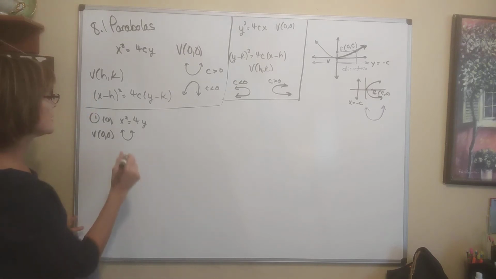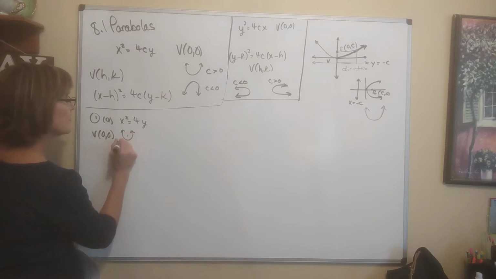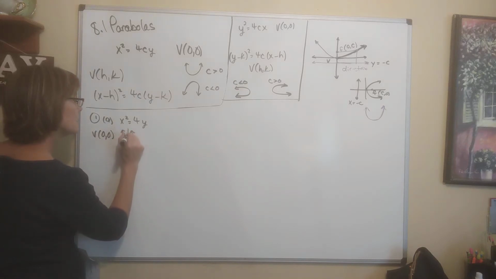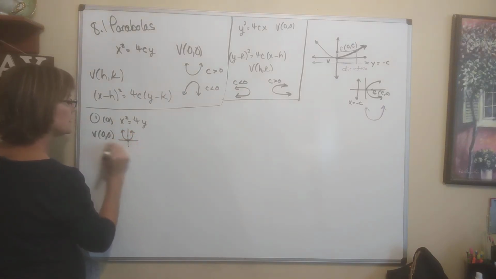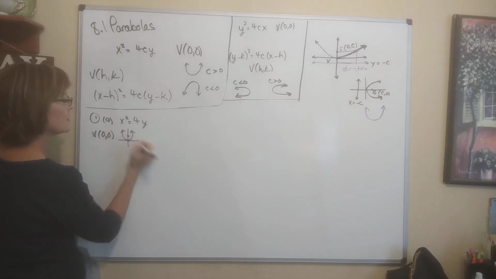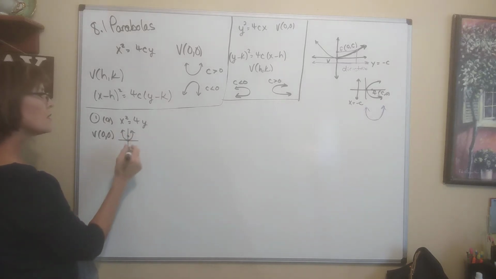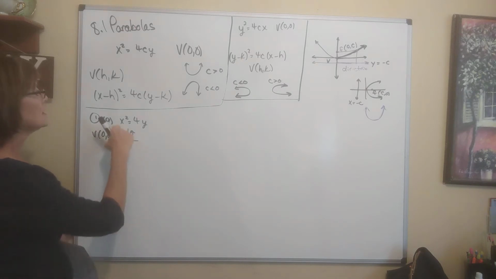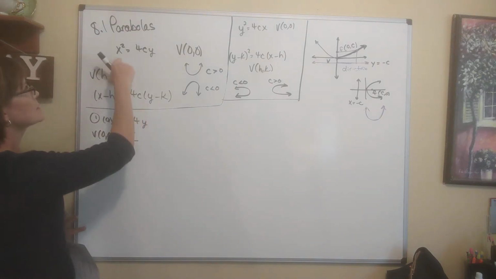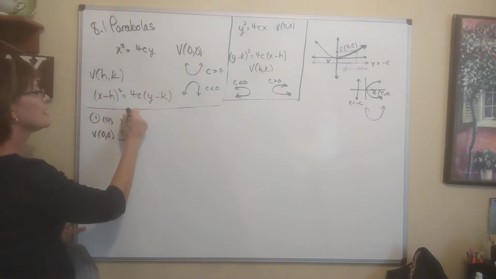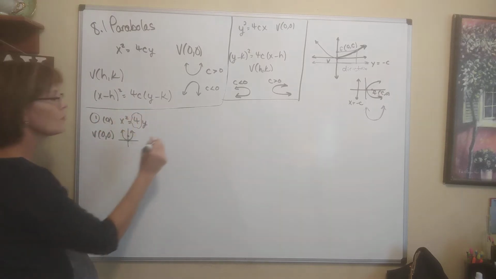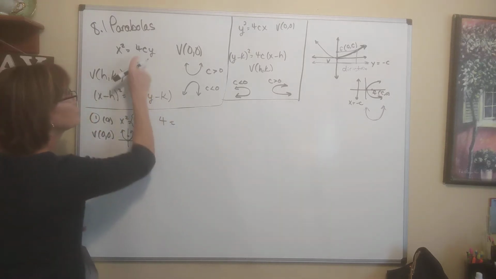Okay, the focus is going to lie somewhere in here. This is on the origin, this is the vertex, and the focus is going to lie there. So I have to figure out what c is. This formula is x squared is equal to 4cy. So whatever I see here, which in this case is just a 4, is equal to 4c.